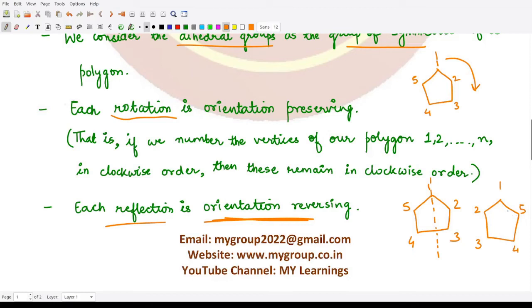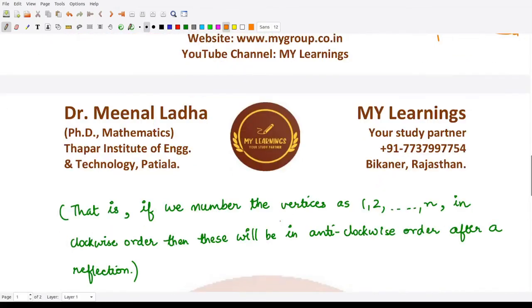You see the orientation was previously clockwise, now it has become anti-clockwise. So it has reversed the orientation. Each reflection is orientation reversing. The vertices in clockwise order will become anti-clockwise in nature after reflection.